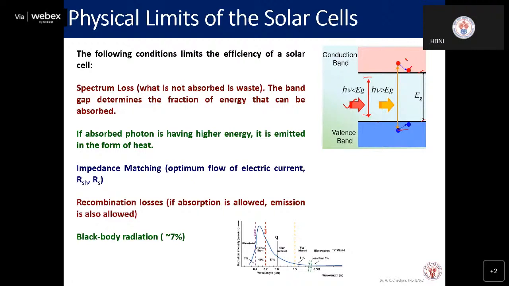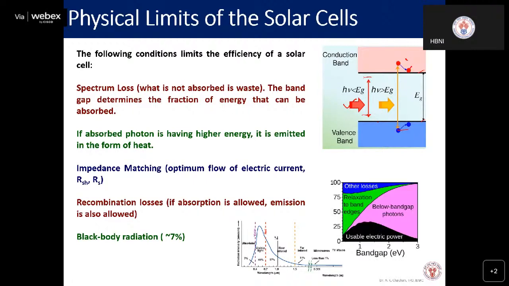And then there is another thing: when the temperature of the cell rises, it also starts emitting black body radiation, so that also plays an important role. Now if you see for different band gap materials, if the band gap is between 1 and 3 volts, this much is the only usable power which we can have.